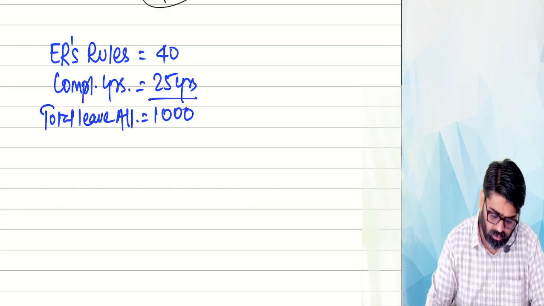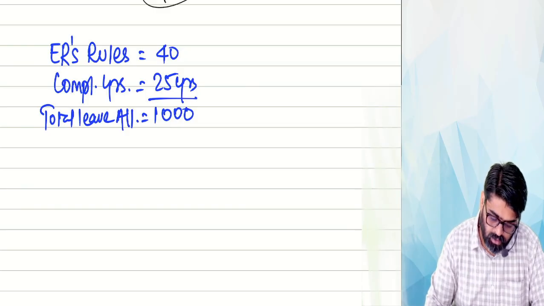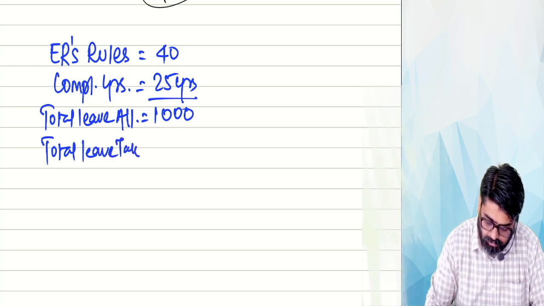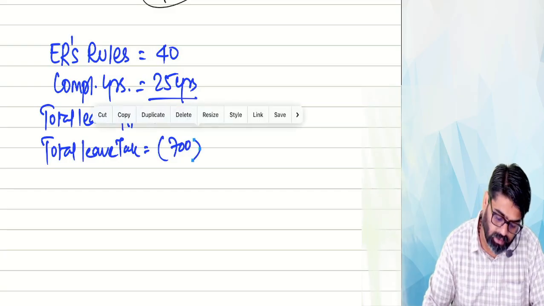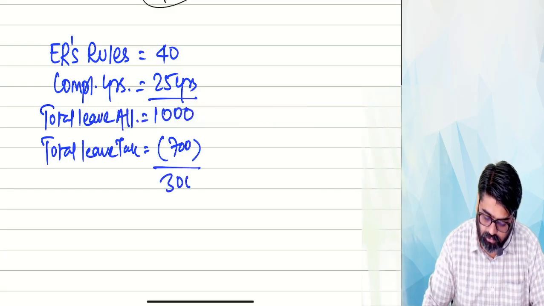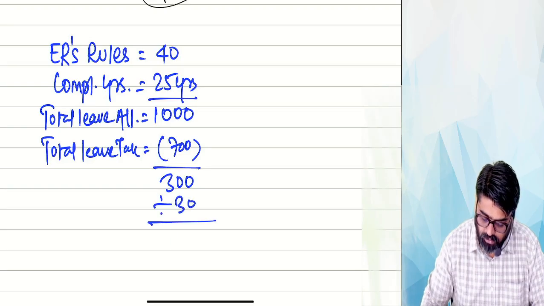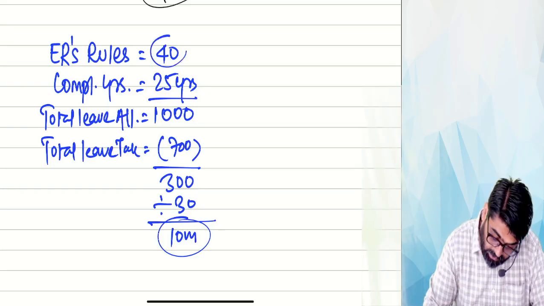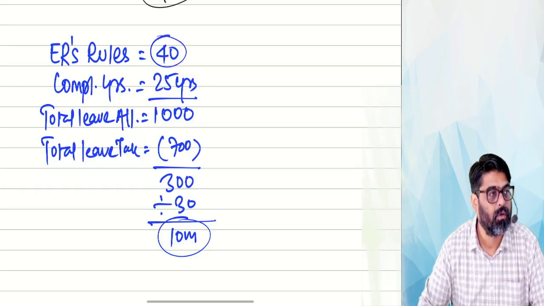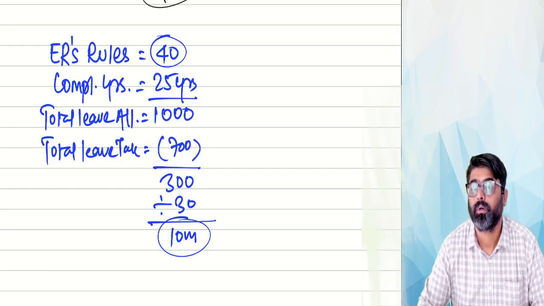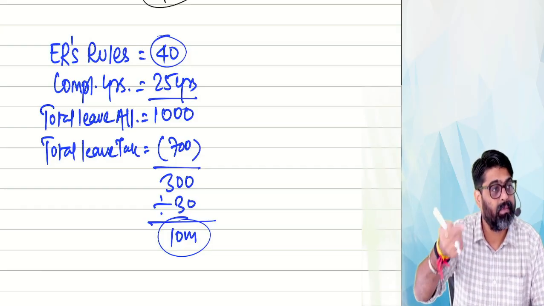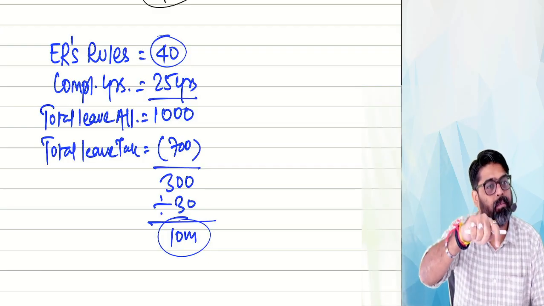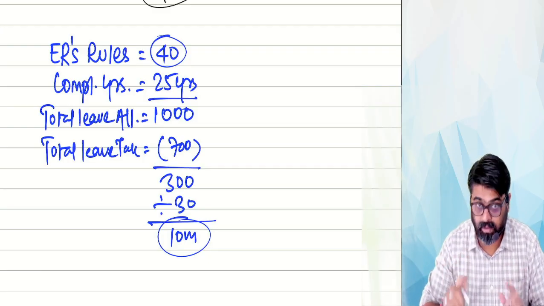Out of 1000 days, the total leave taken by the employee is 700 days. Calculate: 300 days divided by 30. This is 10 months as per the employer's rules. The employer is giving you 40 days leave. Based on the 40 days leave given by the employer, you are calculating 10 months.